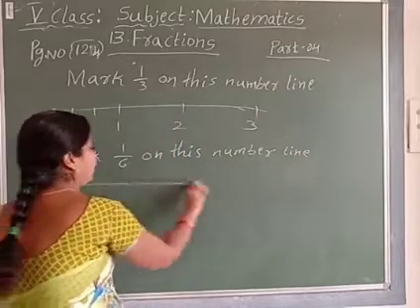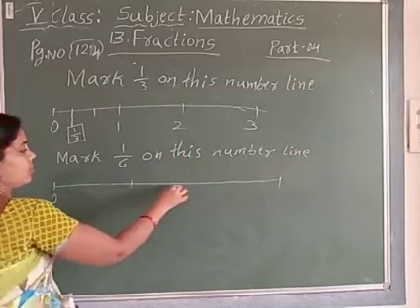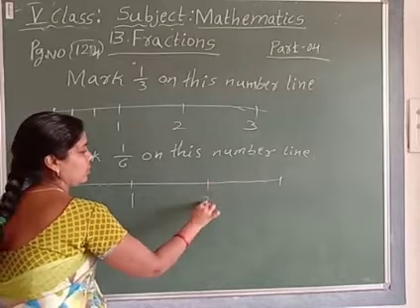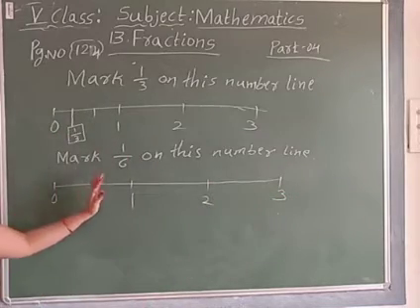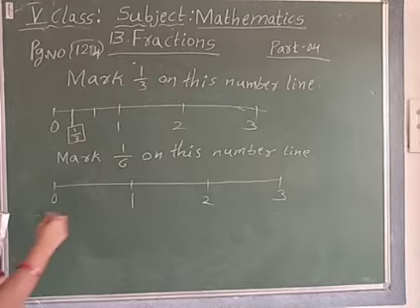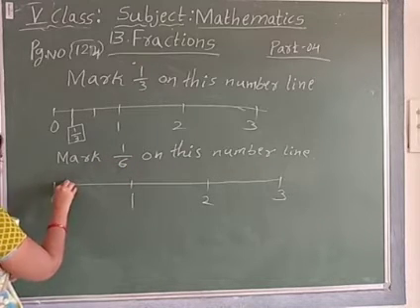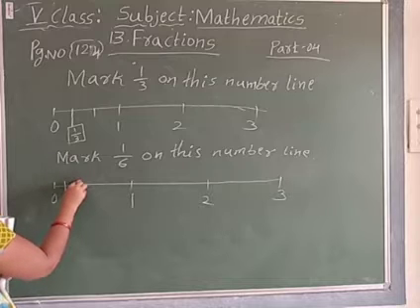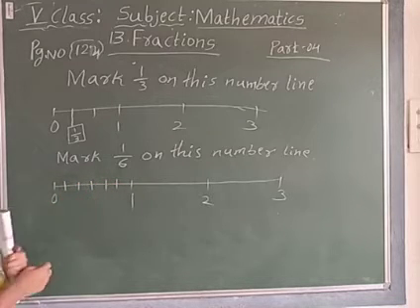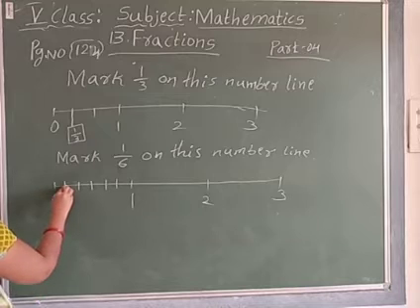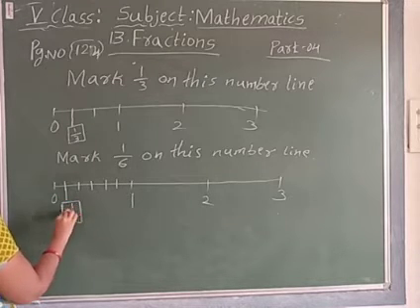So 1 by 6 means 0 to 1. See, how many parts to be divided? 6 equal parts: 1, 2, 3, 4, 5, 6. So this one is 1 by 6.